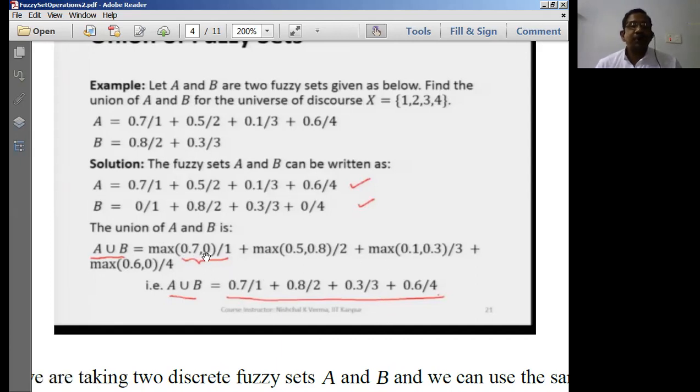The maximum of 0.1 and 0.3 is 0.3. The maximum of 0.6 and 0 is 0.6.